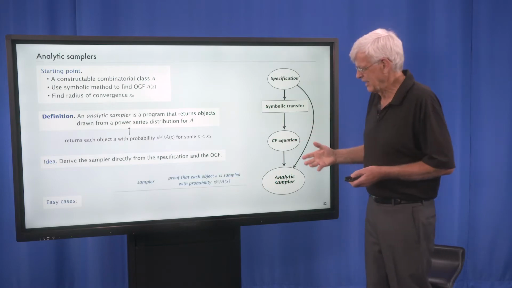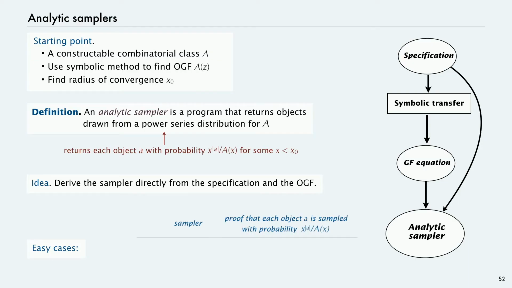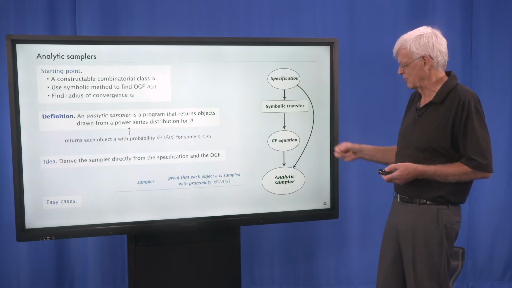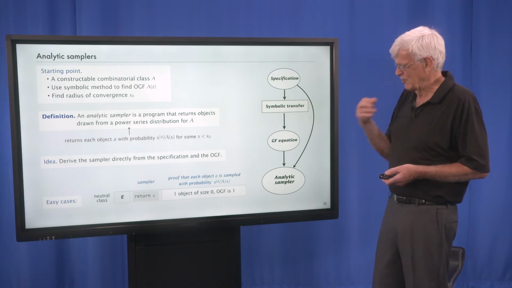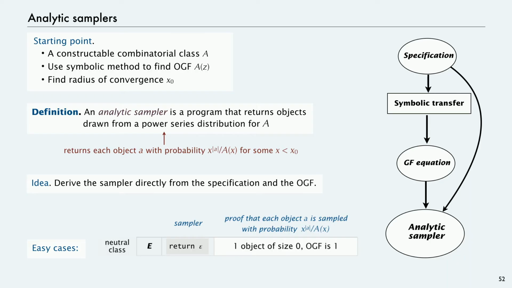So here are the easy cases. We need a sampler and we need a proof that it samples each object with probability x to the size over A(x). So the neutral class, that's epsilon. The sampler is just return epsilon. There's one object of size 0.